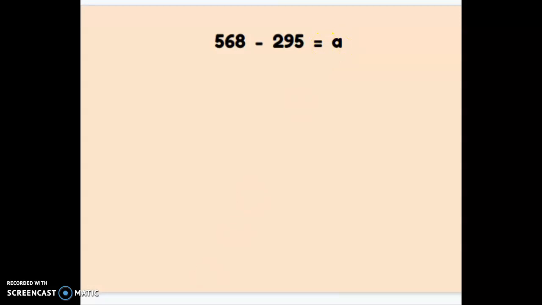It can be any variable. It can be M for Marcia, for my name, if I wanted it to be. It just represents the unknown in the number sentence at this point. So try this problem on your own and see what you can come up with.